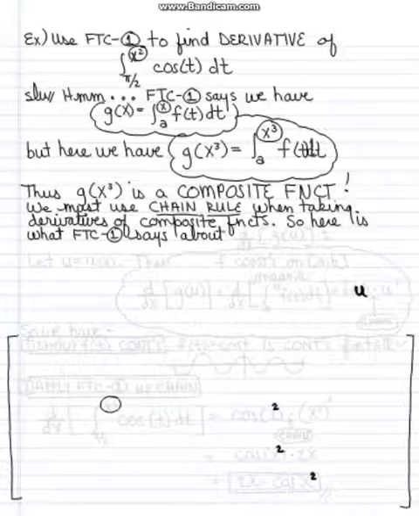Well, here I'll modify the fundamental theorem to see what it's saying. The derivative with respect to x of g of u, where u is a function of x, in this case x squared. Well, we let u equal a function of x.